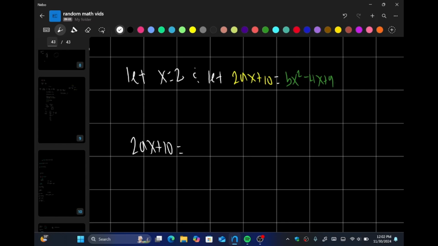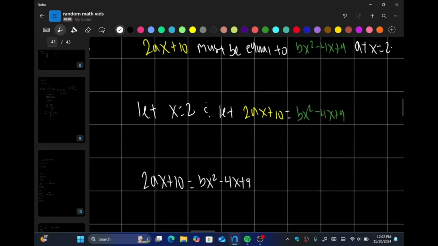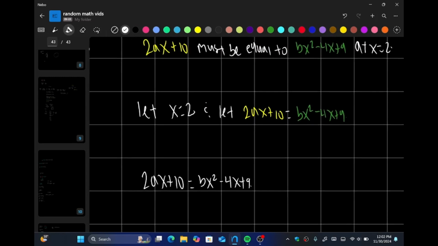So we're going to go ahead and do this. So equals bx squared minus 4x plus 9, and again x equals 2, right? So we're going to just plug that in here.